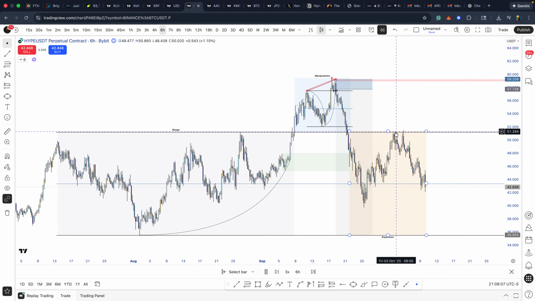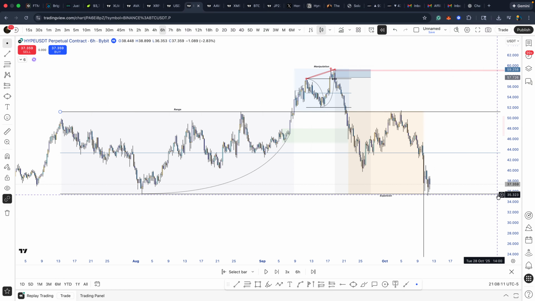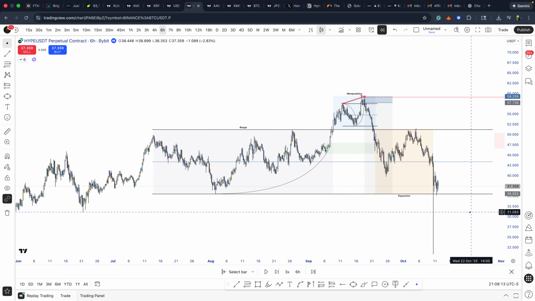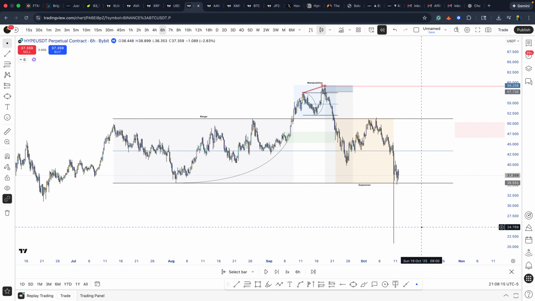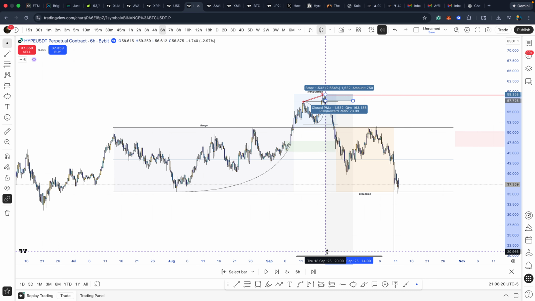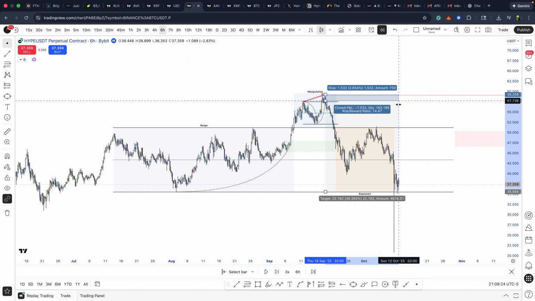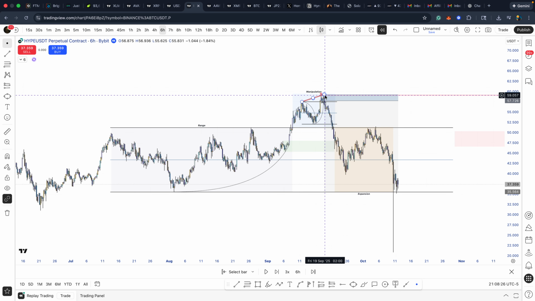I don't believe that there was another. And look at this. Look at that finish. Spectacular finish. Anyone who's in this, I hope you got filled down here. What a beautiful trade. Just very, very nice to see.